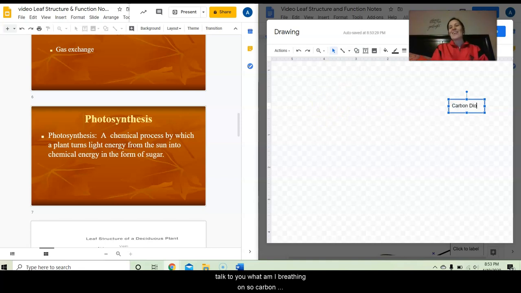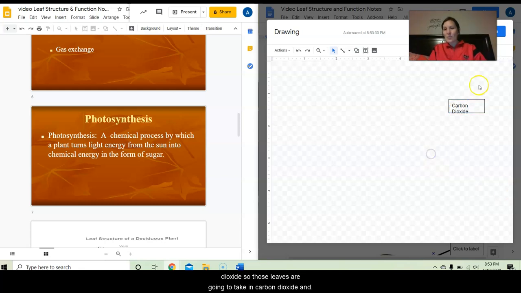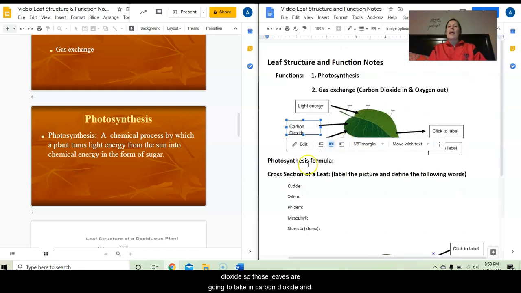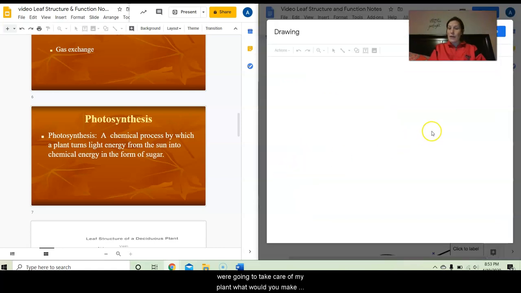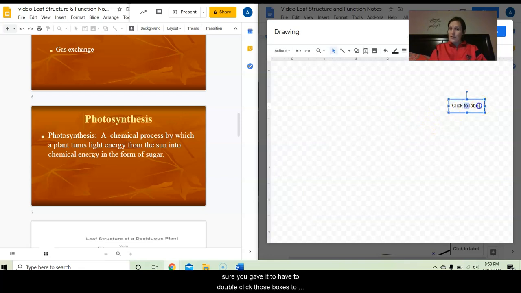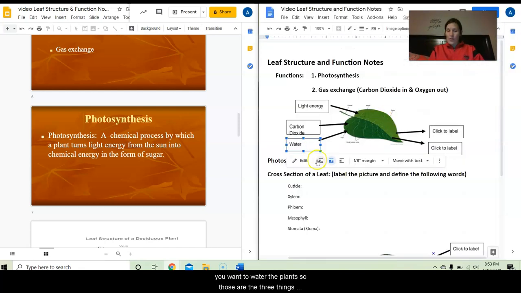Carbon dioxide. So those leaves are going to take in carbon dioxide, and they're also going to take in the last thing. You just have to double click those boxes to get them open. But you would make sure you gave it water. You'd want to water the plant. So those are the three things you're going to give the plant.